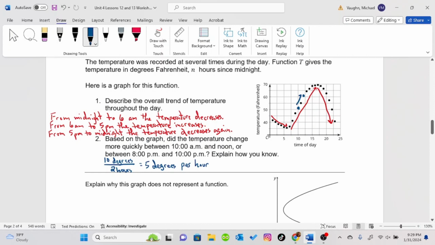From 8 p.m. until 10 p.m., we see the decrease of about 12 degrees.